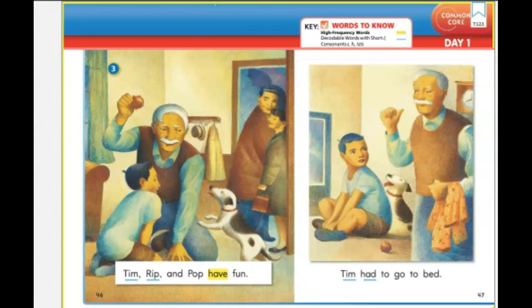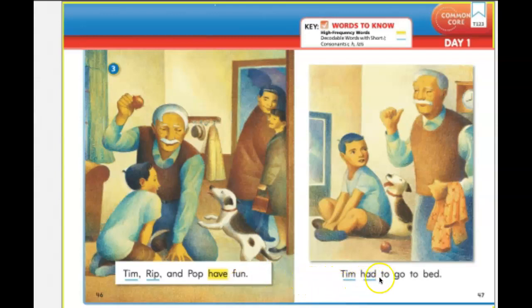Who is Tim in our story? Is he the boy, the older grandpa, or the dog? Tim is the young boy. Rip is the dog, and Pop is the older man who is the grandpa. So it says Tim, Rip, and Pop have fun.